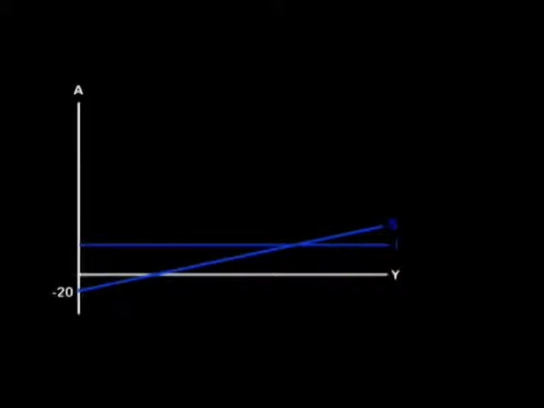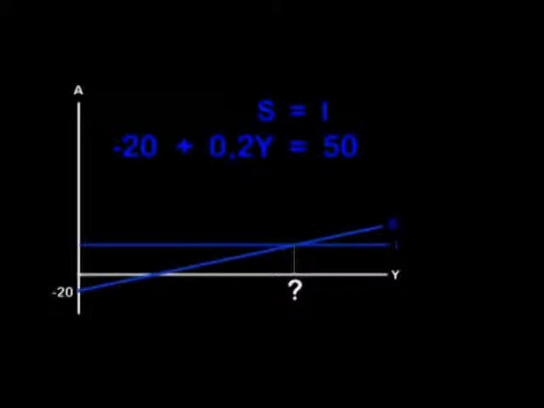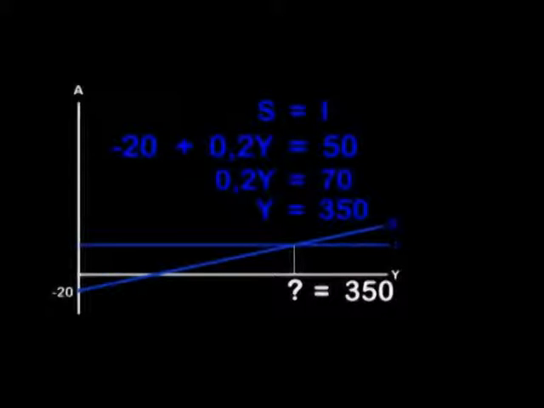The point at which they intersect is where savings would be just sufficient to fund investment. Going through the calculations, we find that the level of income is 350, which bears out the conclusion we came to when looking at the aggregate spending curve.